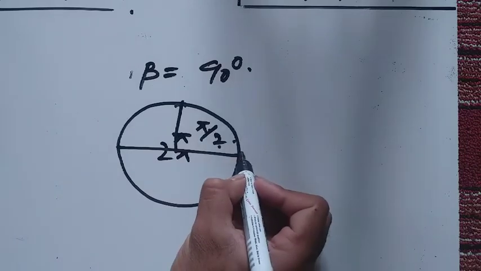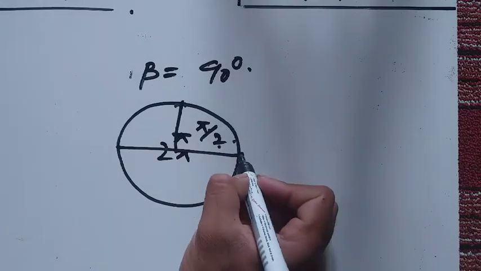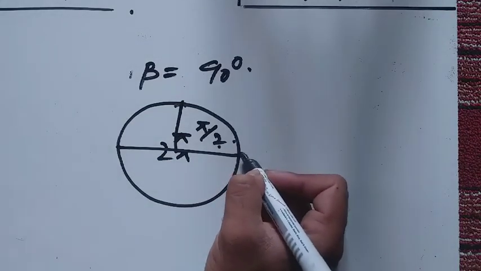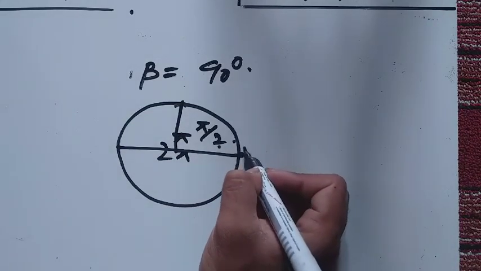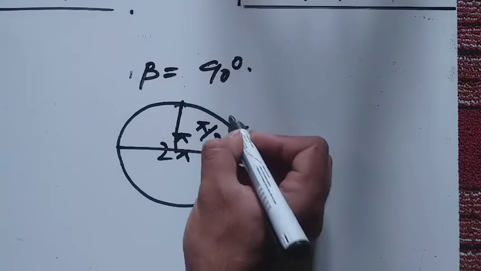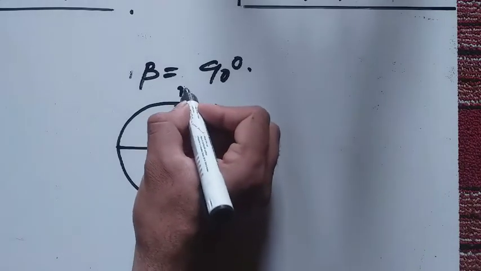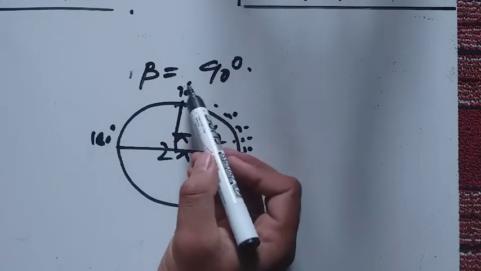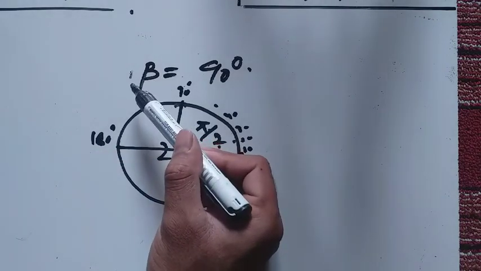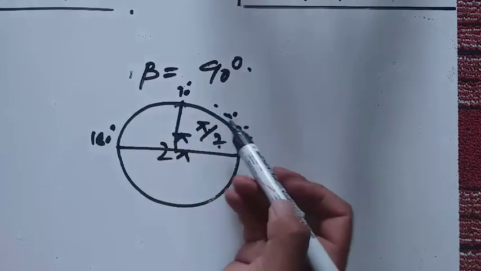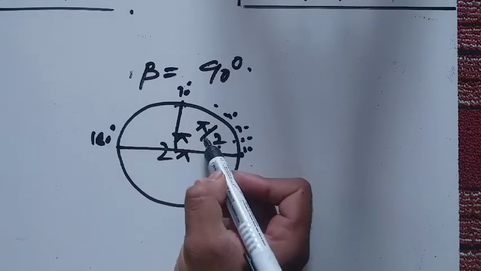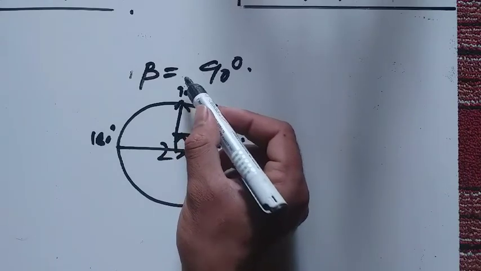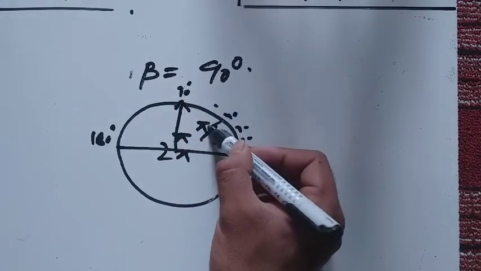When we start the angle anti-clockwise, we get 10 degree, 20, 30, 40, 50, and this becomes 90, and this is our 180 degree. Now if you find this beta angle 90 degree, this shows us that the direction is along this. If this comes out to be 45, that is along this.